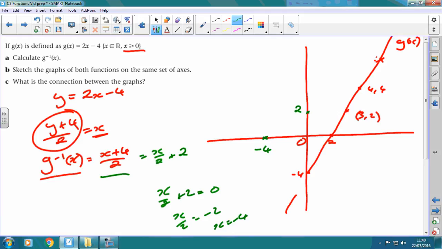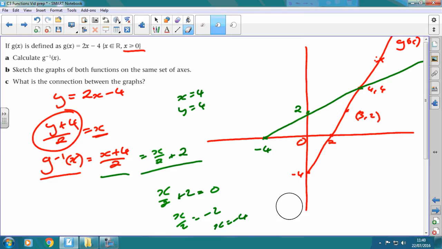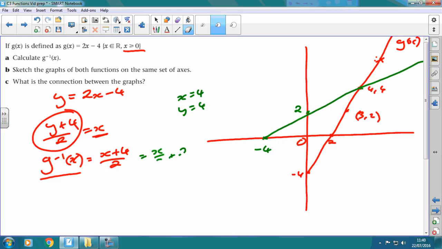And if we just do another random coordinate and say x equals 4, and there's a reason for me doing this: 4 over 2 is 2, plus 2 is 4, so y equals 4. It goes through there. Then that looks like that there. So that's just a case of being able to sketch a linear graph.